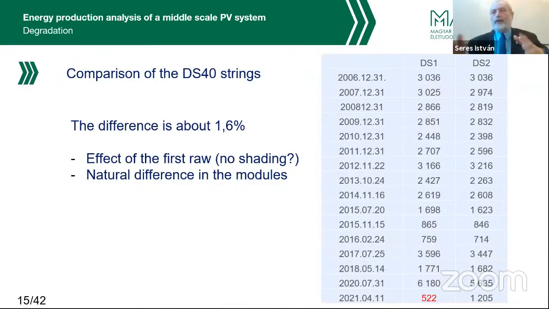We calculated that the shadowing would be minimized, but in the winter time it's not possible in the morning and in the afternoon because the sun is at a low inclination degree. So there is some shading in that period, but not in the first row because it is on top of the four-story building. So that can give a difference between them. But I think they are working more or less together.